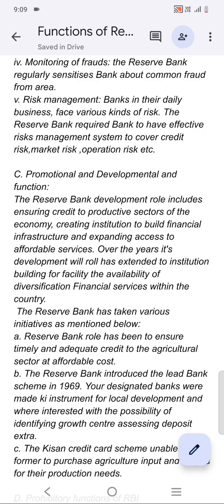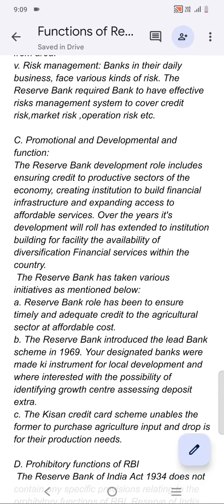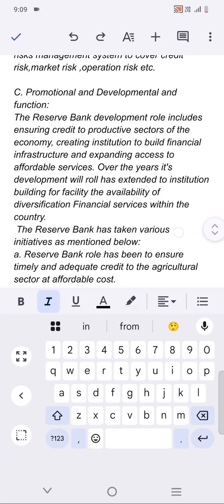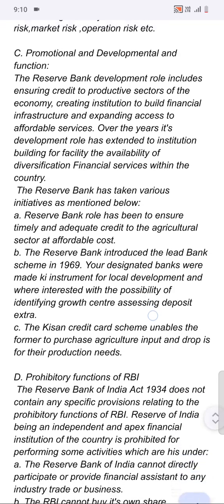Over the years, the developmental role has been extended to institution building for facilitating diversification of financial services within the country.